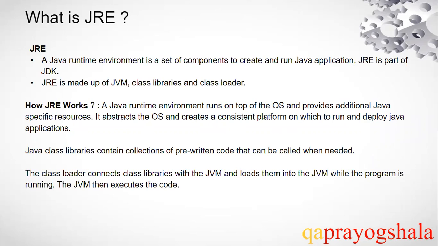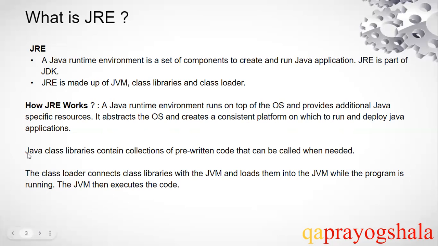It will definitely provide those resources that are needed in order to run your Java application. So it creates a consistent platform on which we can run and deploy the Java application. You need some platform on which you can run your Java application, and that platform is provided by the JRE.